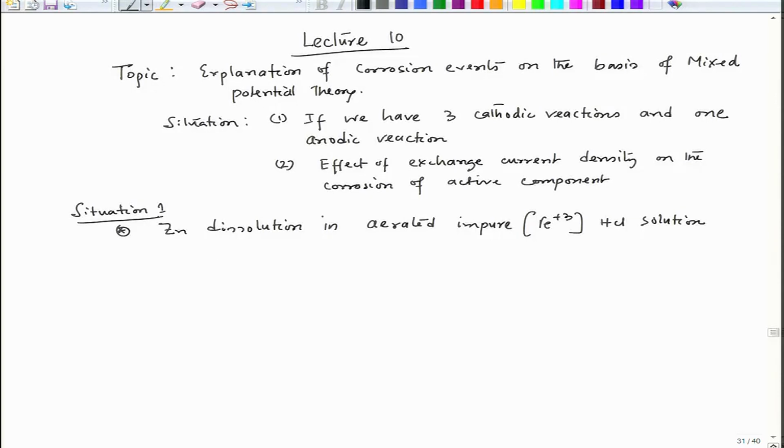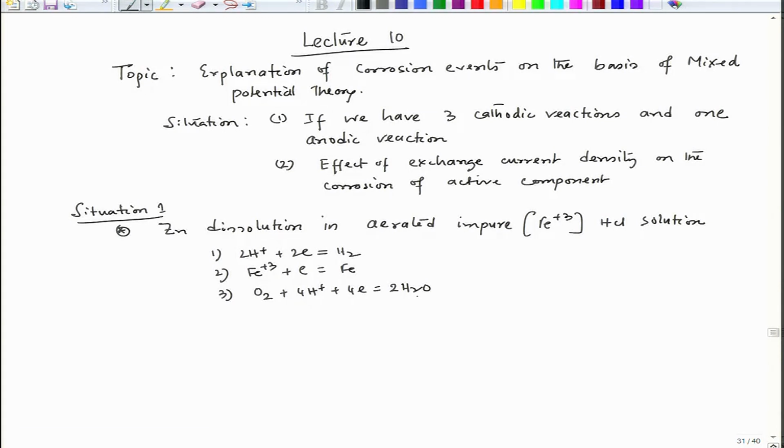Here we have 3 cathodic reactions: one is H+ + 2e = H2, 2 is Fe+3 + e = Fe+2, 3 is O2 + 4H+ + 4e = 2H2O.